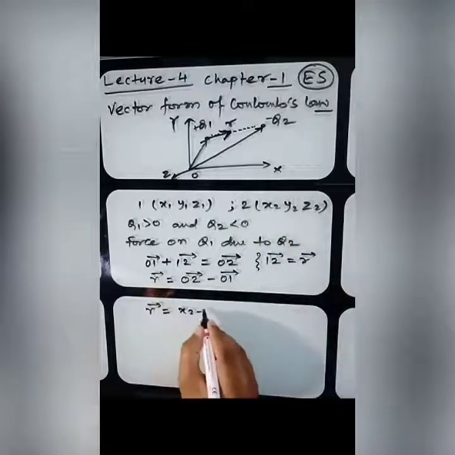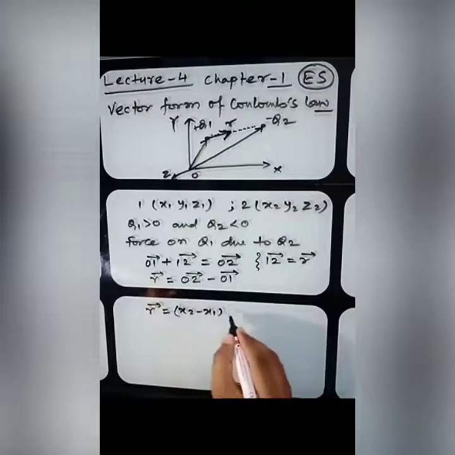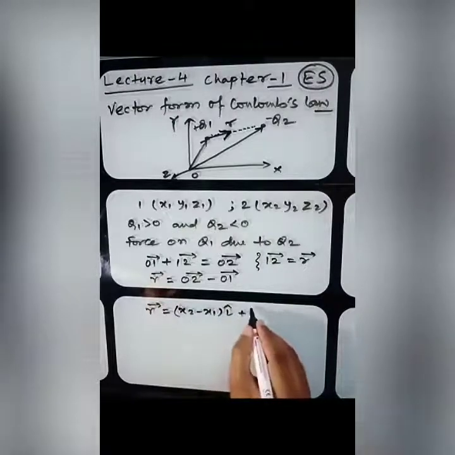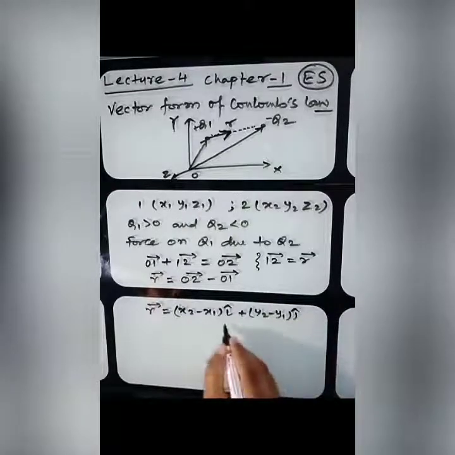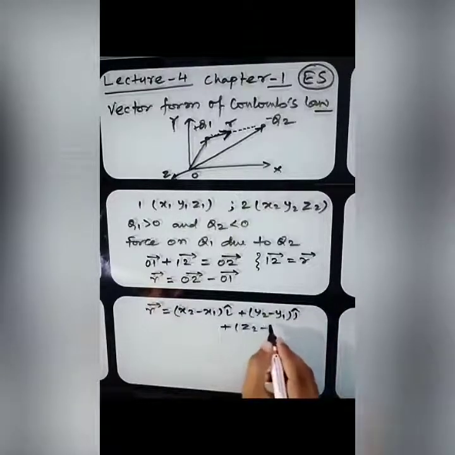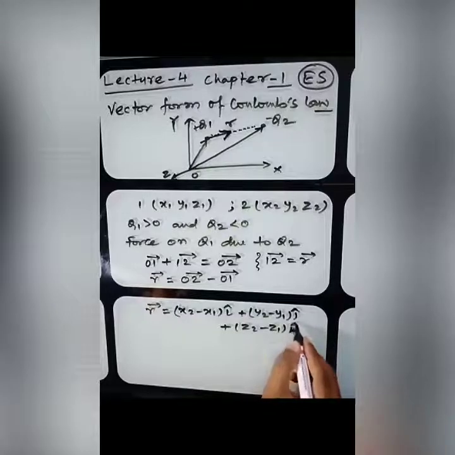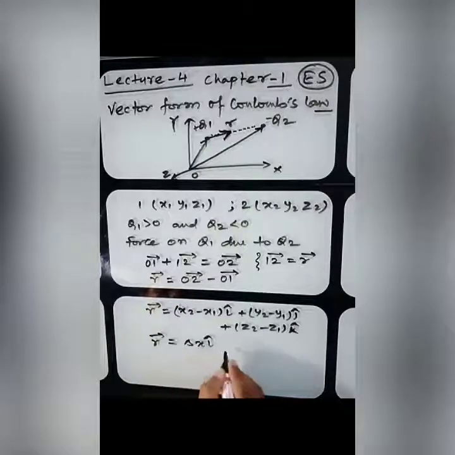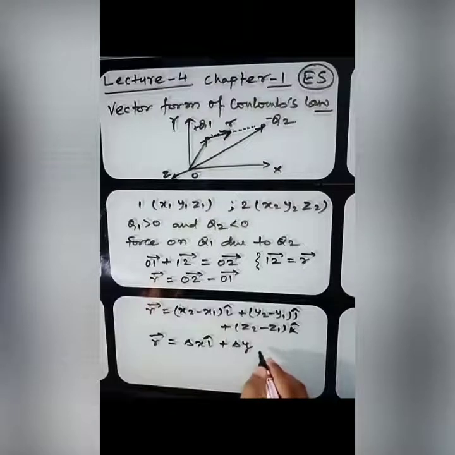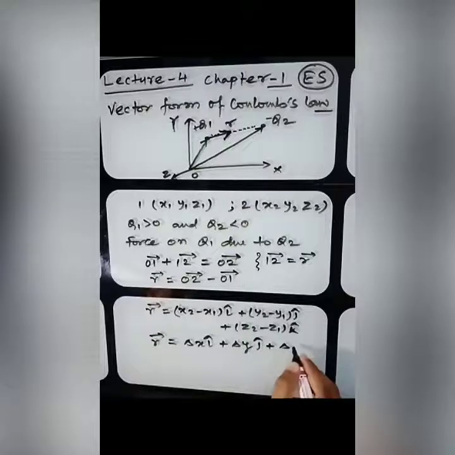So here, x2 minus x1 i cap, y2 minus y1 j cap, and z2 minus z1 k cap. You can also write r as delta x i cap plus delta y j cap plus delta z k cap.